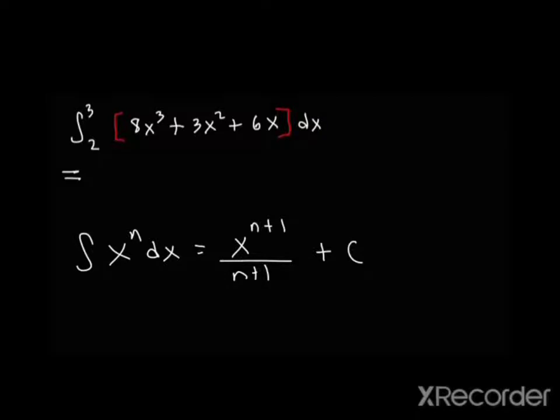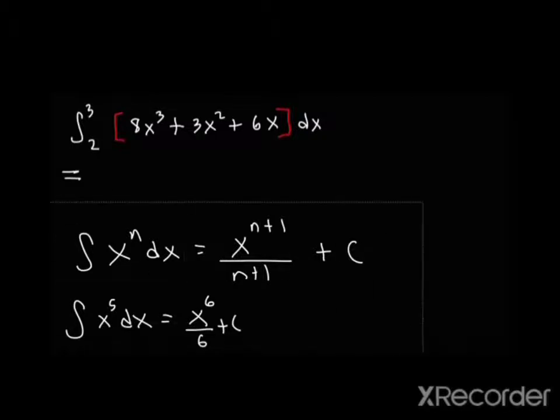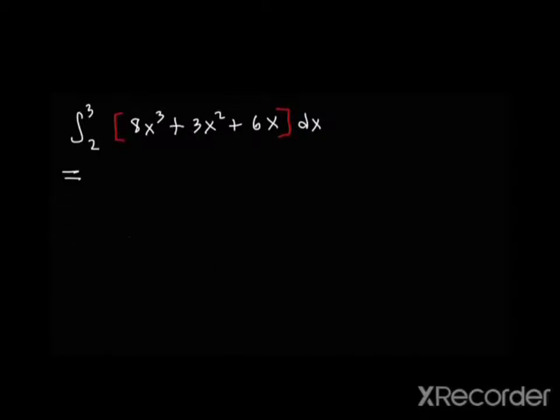So as an example, let's say we want to find the antiderivative of x to the fifth. All you need to do is add 1 to the exponent. It's going to be x to the sixth and then divided by that result. So let's say we want to determine the antiderivative of 4x to the seventh, so we have a constant times x itself.